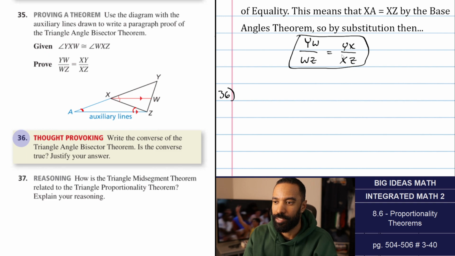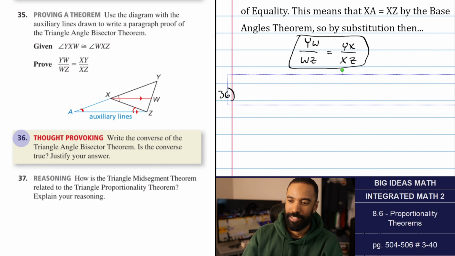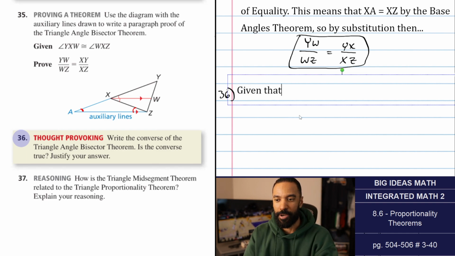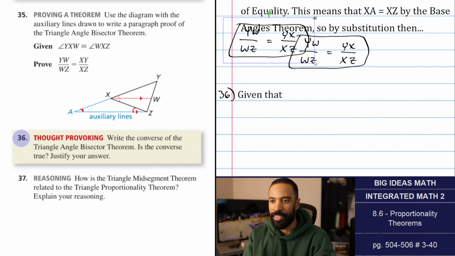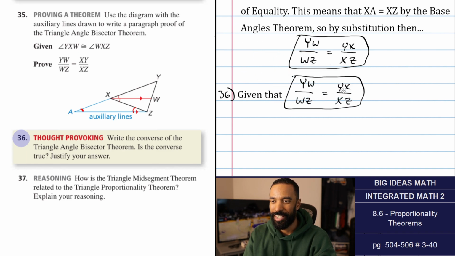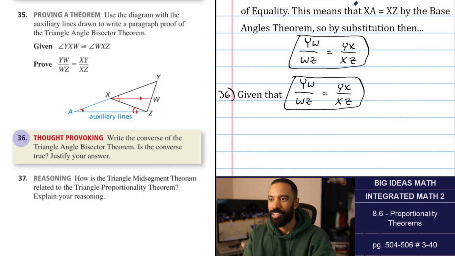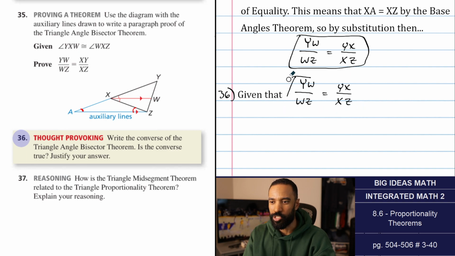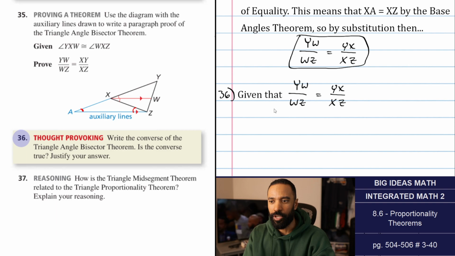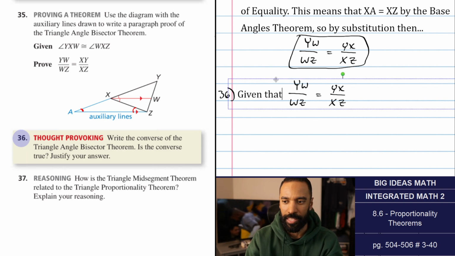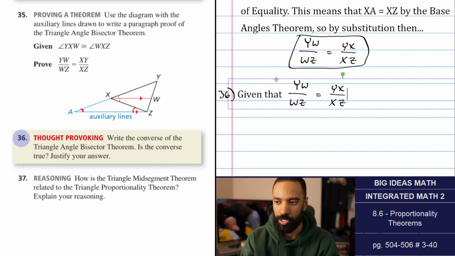Given that, I guess we have the same auxiliary line thing, right? So given that these are in proportion to each other, is that kind of what I want to say? Given the proportionality, I mean, we're literally going to have to go back to all the other things about like the isosceles triangle bits or whatever.